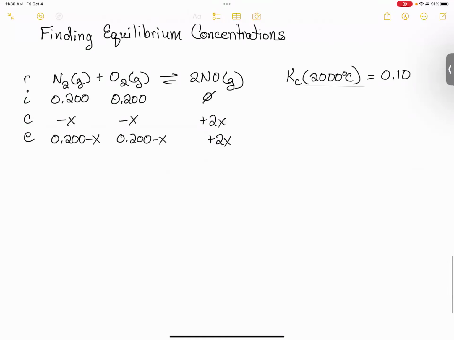Now we're going to write our equilibrium expression. Our Kc is going to equal the nitrogen monoxide concentration squared divided by the nitrogen concentration times the oxygen concentration. One of the most common mistakes I see is that people don't take that extra second to write the Kc equation.